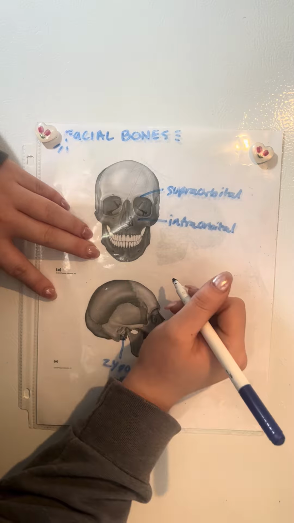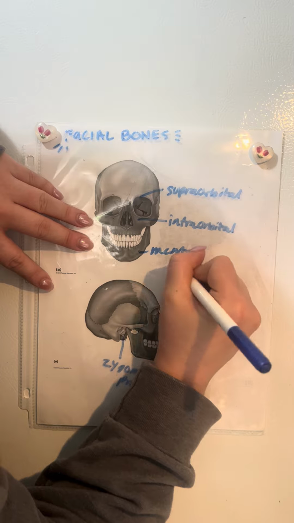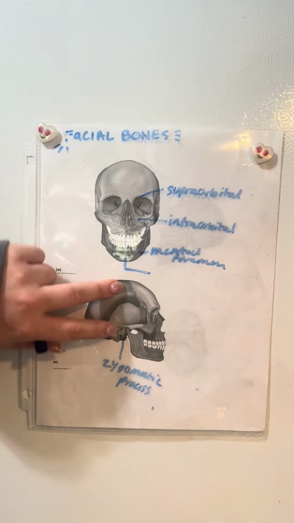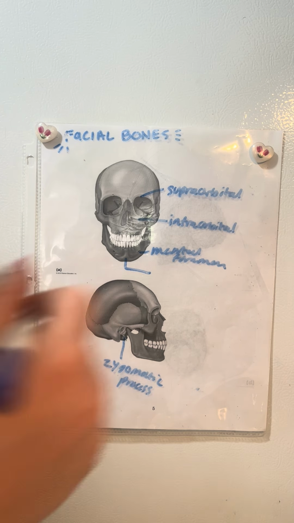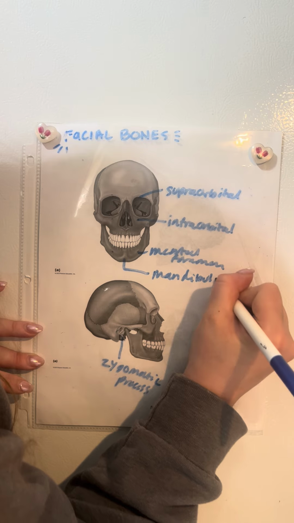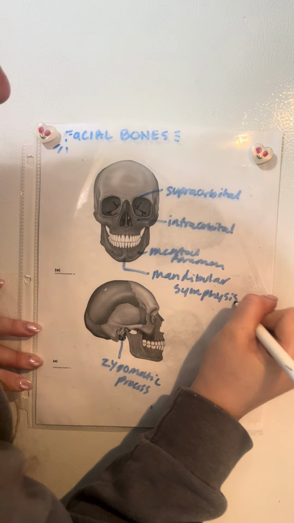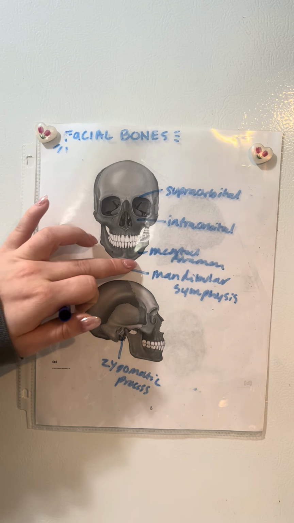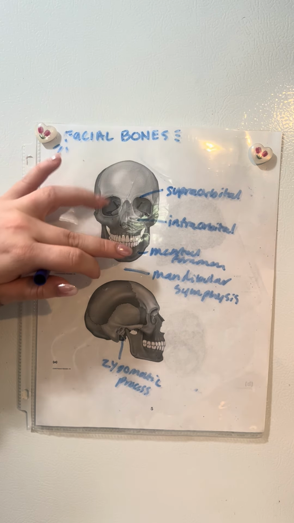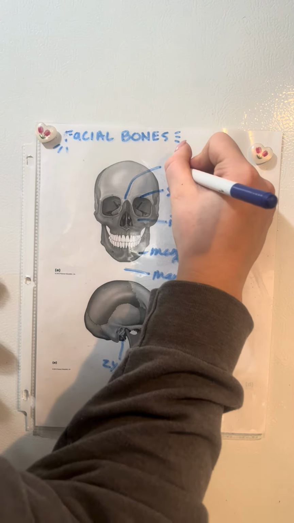And then the last part right here is the mandibular symphysis. I don't know if I brought this one up earlier, but that's why I'm going back over my notes. Mandibular symphysis is actually the flat portion here of the mandible. And there also is something similar at the top called the glabella, and that is in between the eyebrows as well.